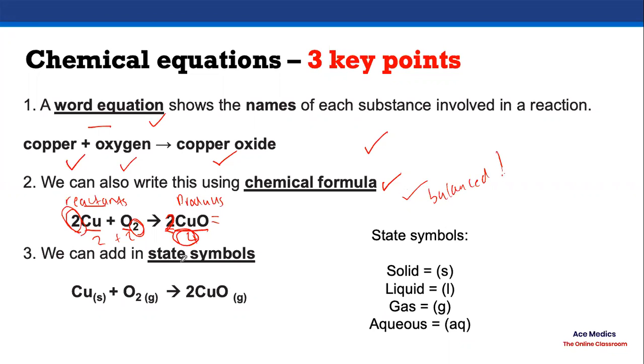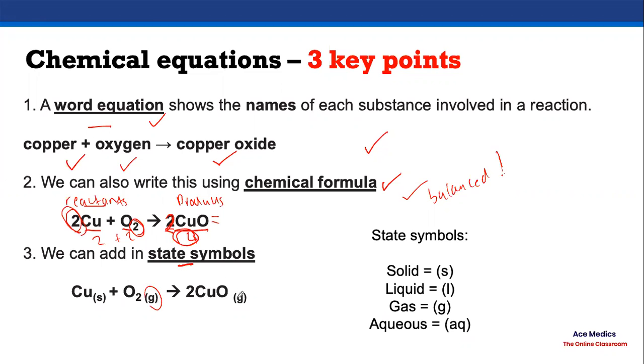The next thing that we have to make sure of is that we put state symbols, okay? So what do state symbols mean? State symbols show how the actual element is looking. For example, we know that copper is a metal, so copper is what we call solid. Oxygen, we breathe in oxygen, so oxygen is a gas.